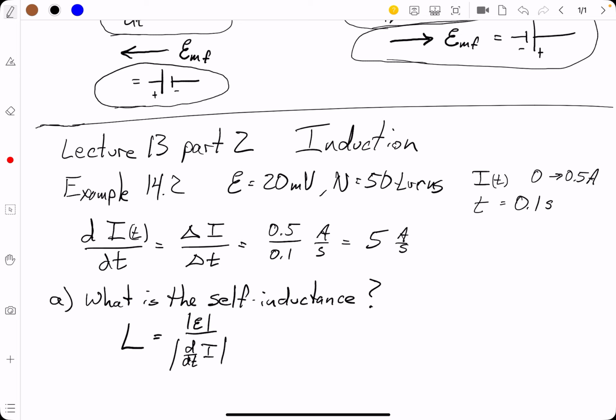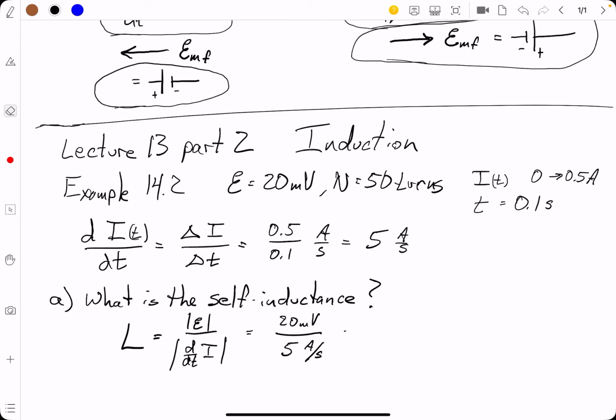Well, it's convenient because we have absolute values of both things. So we're going to take our 20 millivolts and divide that by the 5 amps per second.